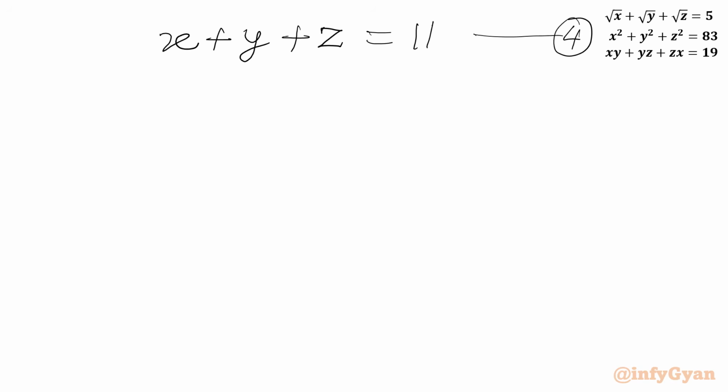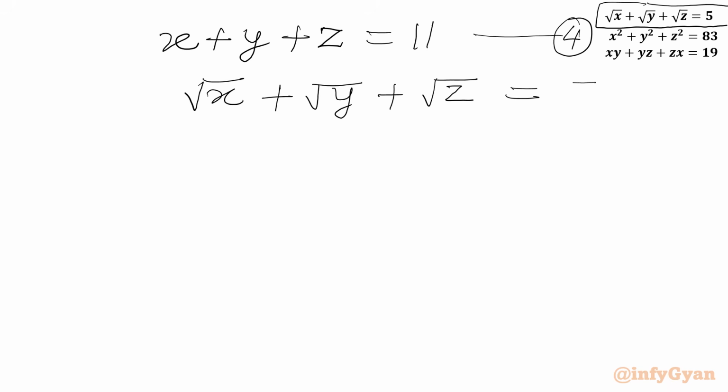Now we will use our first equation, root x plus root y plus root z equal to 5. Now we will consider squaring both sides. So let me put power 2 on both sides. Now in LHS we are going to use the a plus b plus c whole square formula.